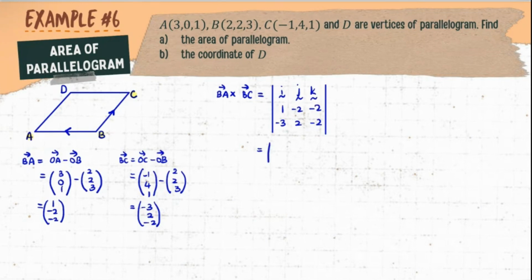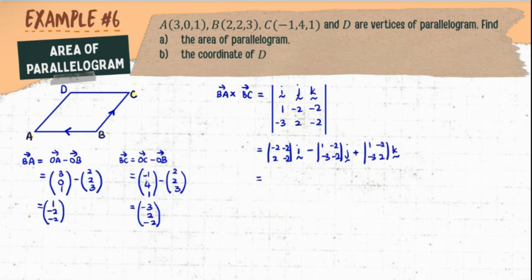Okay, lepas tu kita buat kolom I minus kolom J plus kolom kat sini K. So tutup kolom I, tinggal negatif 2, negatif 2, 2, negatif 2. Tutup kolom J, tinggal 1, negatif 2, negatif 3, negatif 2. Tutup kolom K, tinggal 1, negatif 2, negatif 3, 2.